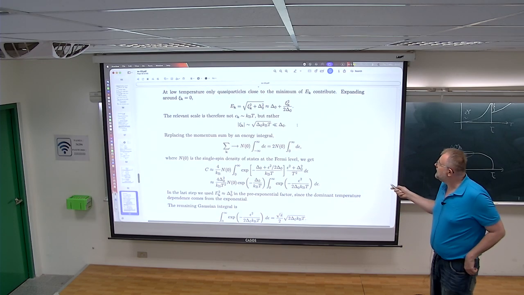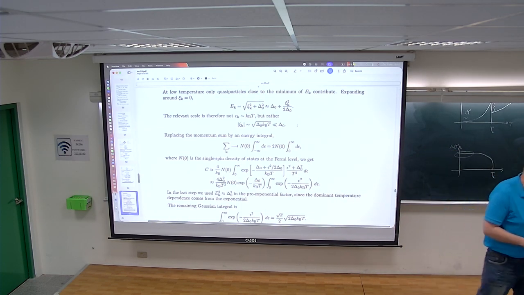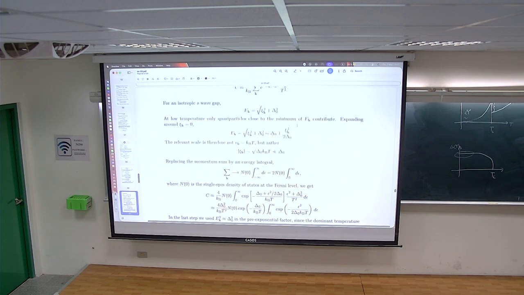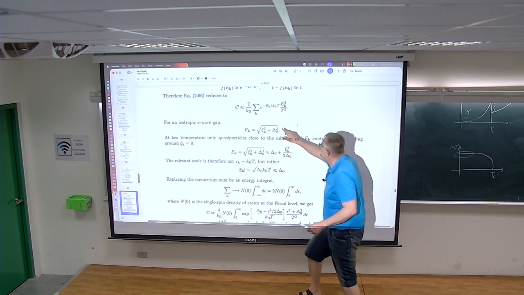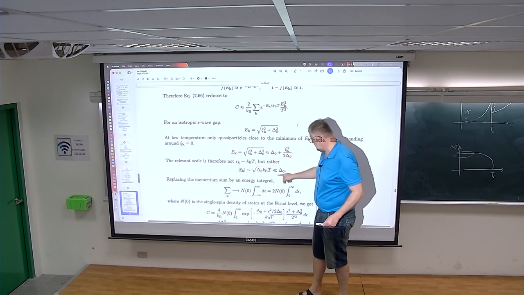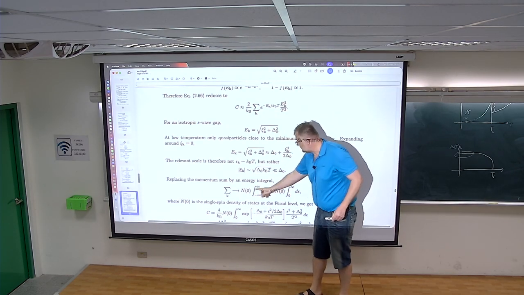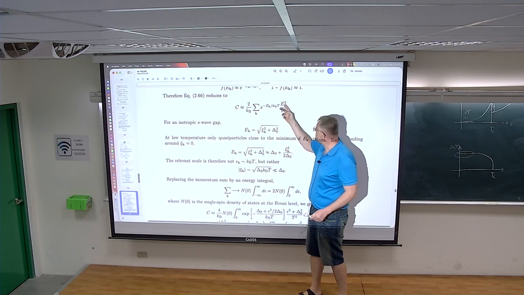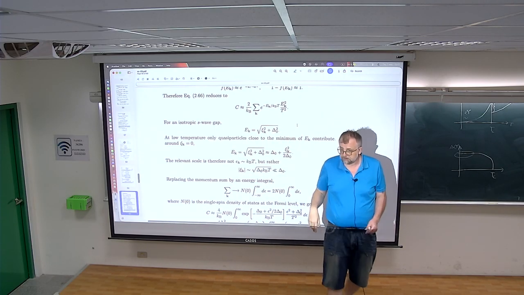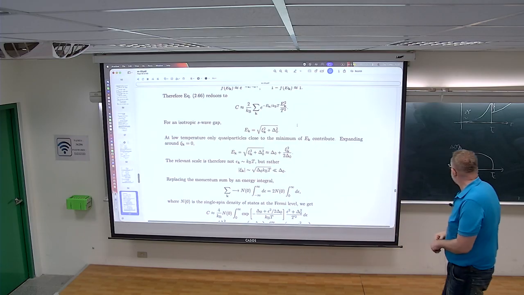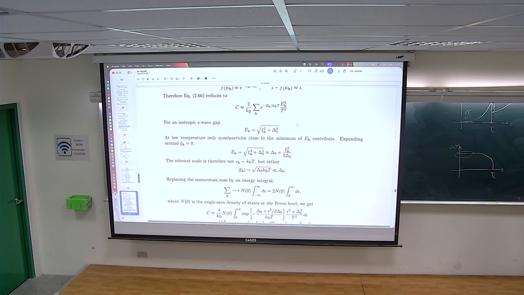Since everywhere in these formulas I express everything via ξ_k, ξ_k here, ξ_k here, ξ_k here, I am using the density of states of the normal state. I can also express everything via ε_k, and then I will use the superconducting density of states.